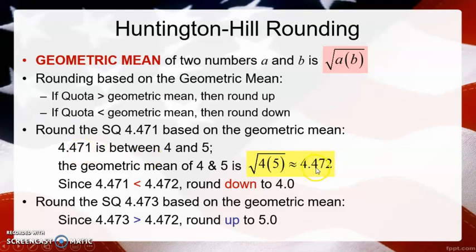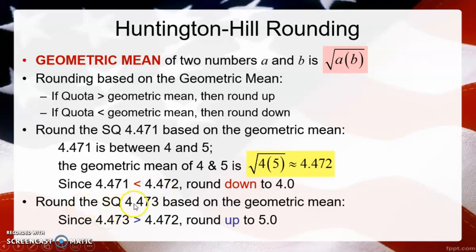Well, remember, when we're comparing decimals, we have to compare the numbers that are in the same place values. So 4 and 4 are the same. 4 and 4 are the same. 7 and 7 are the same. But 1 is smaller than 2, so the standard quota is less than the geometric mean, and therefore we are going to round down or award the lower quota.